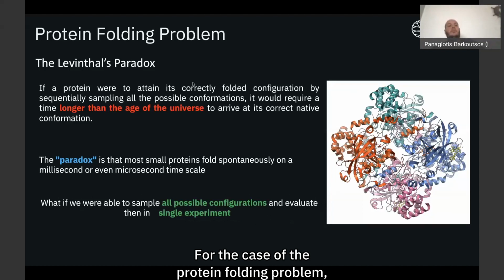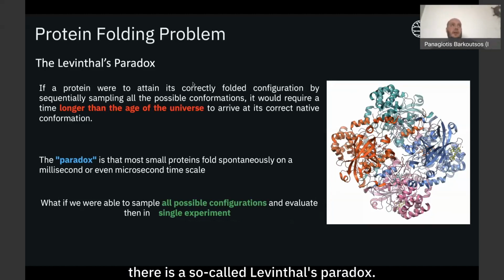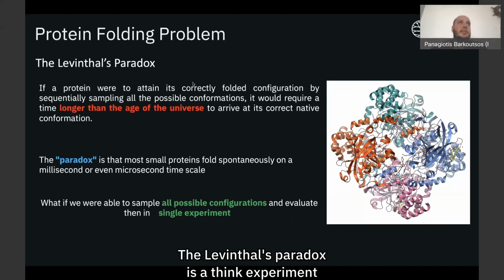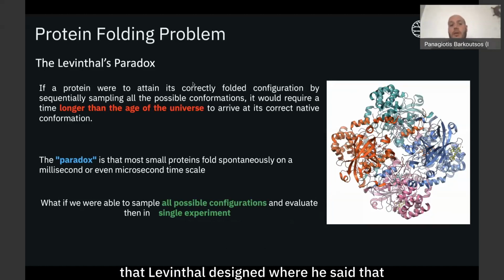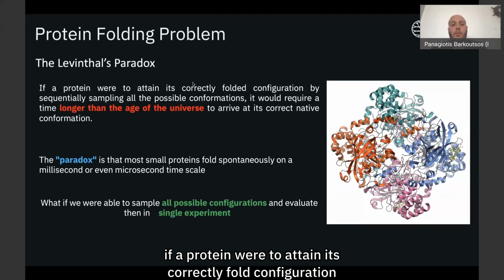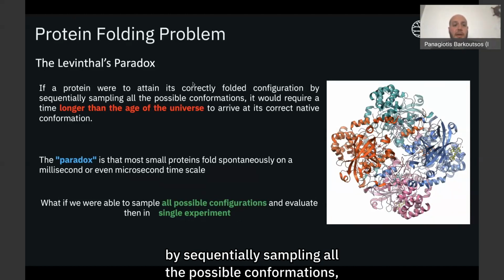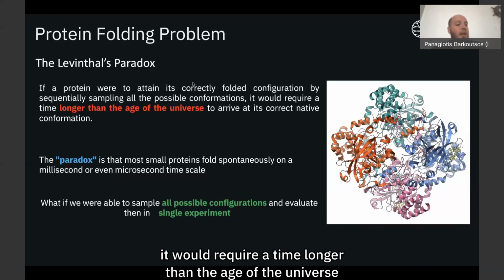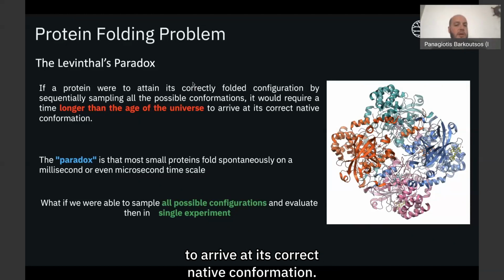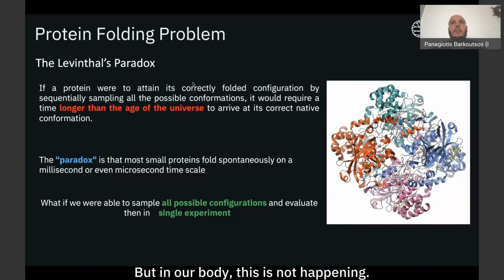For the case of the protein folding problem, there is the so-called Levinthal's paradox. Levinthal's paradox is a thought experiment that Levinthal designed, where he said that if a protein were to attain its correctly folded configuration by sequentially sampling all the possible conformations, it would require a time longer than the age of the universe to arrive at its correct native conformation. But in our body, this is not happening.